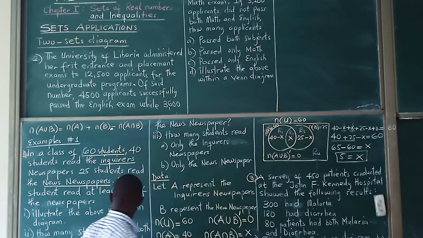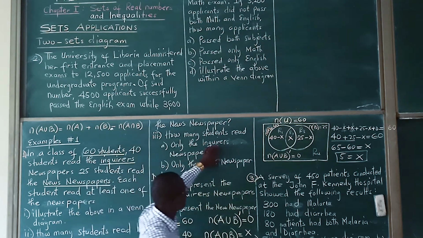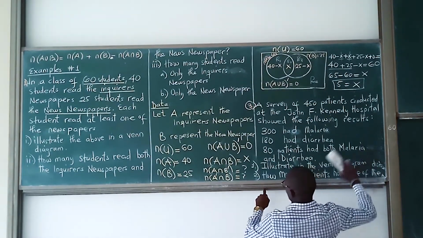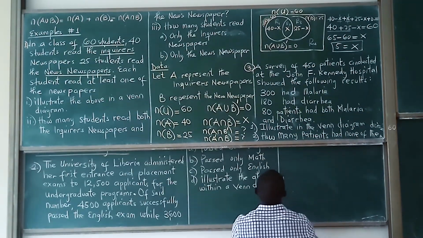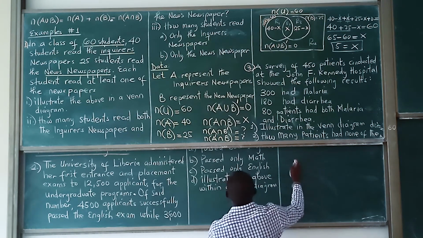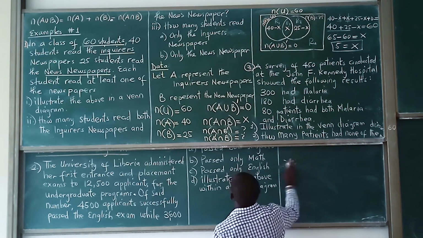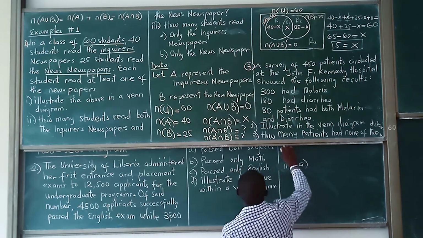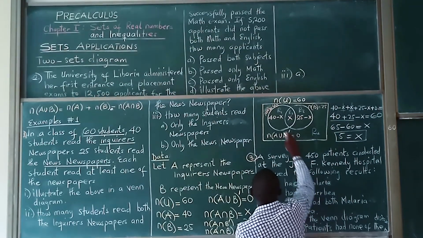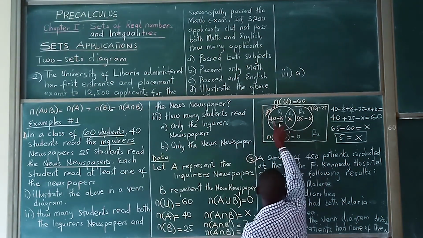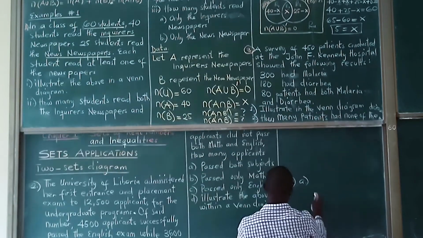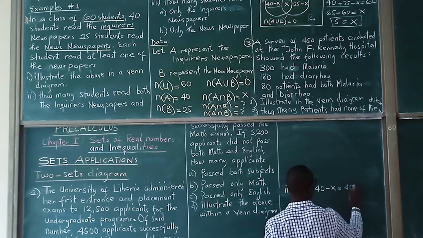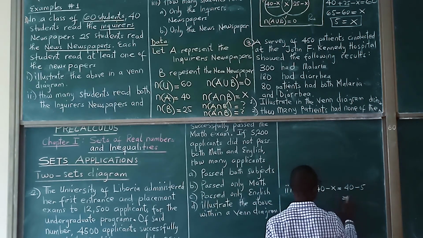Now to get the number of students who read only the Inquirer newspaper, the number of students in region A, Roman numeral 3, who read only the Inquirer newspaper is 40 minus x. We know that x is equal to 5, so it's 40 minus 5, which is just equal to 35.